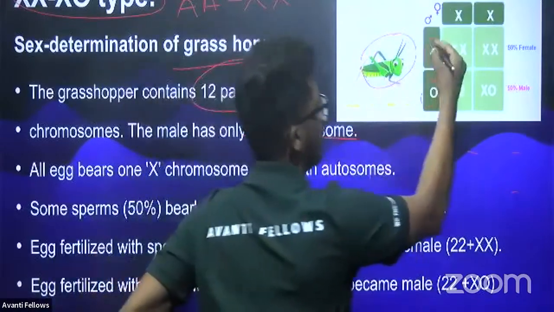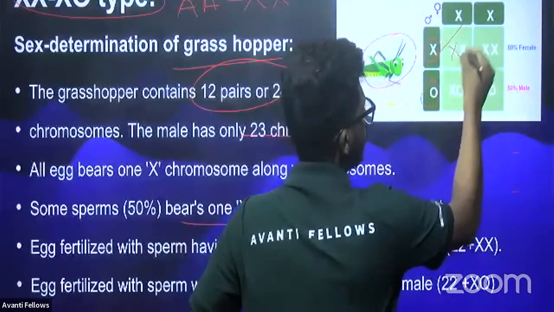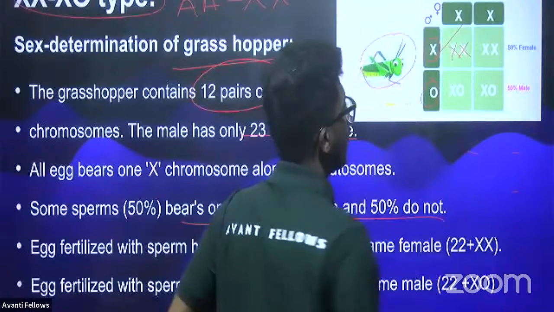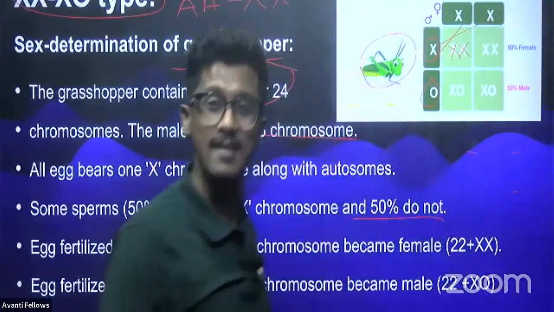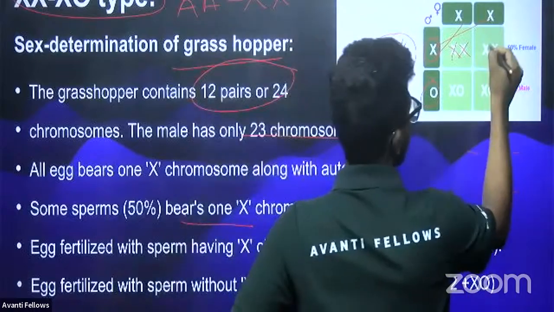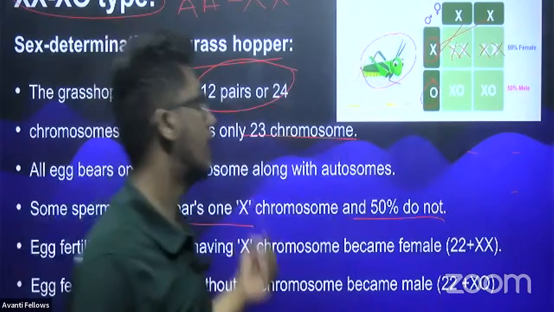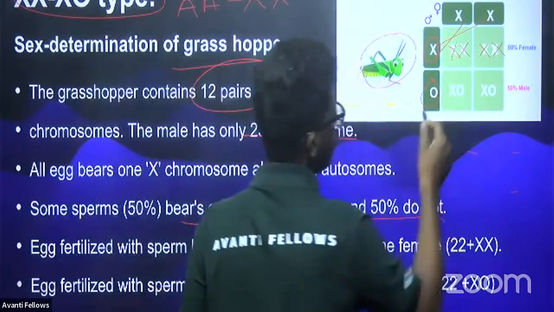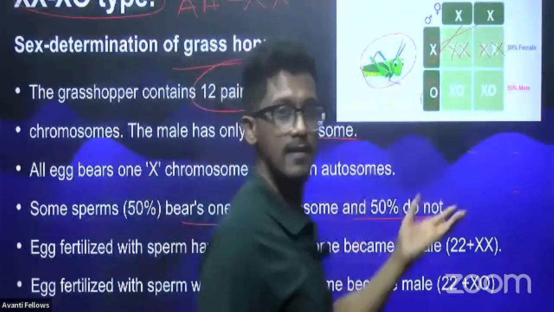Now when this X sperm goes with X egg, we will have XX. So XX is what? Female. Again, the X sperm will meet the X egg, then again we'll have XX. So that will give rise to another female. Then O is another type of sperm, that means without any sex chromosome.